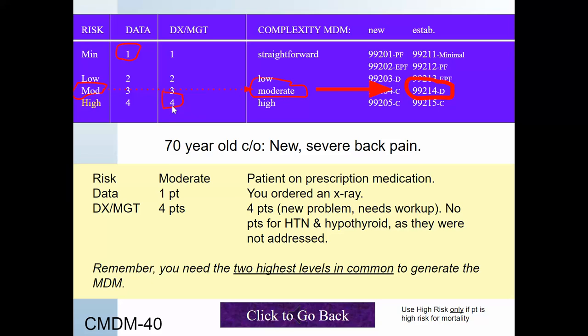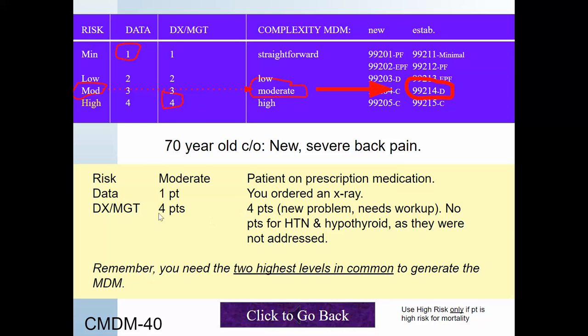When somebody comes in with a new problem needing additional workup, you know that's automatically 4. And that can be pretty high. And if they're at high risk, this is the highest of all. A new problem needing additional workup where the patient is unstable, that's a 99215.